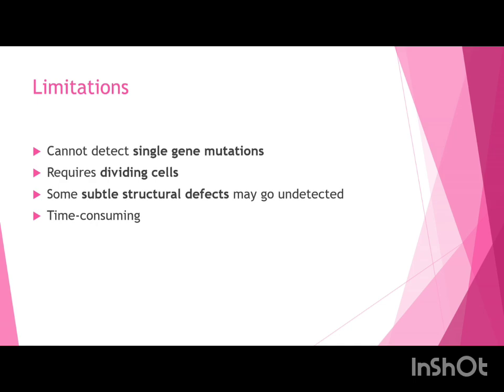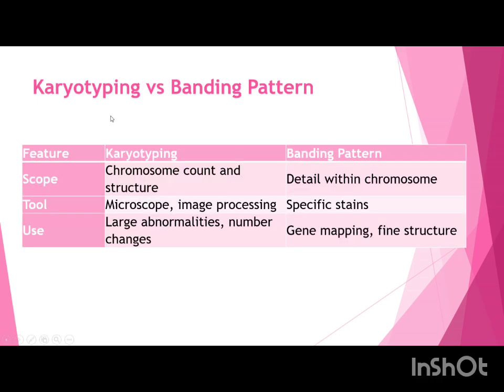You cannot work on dead cells, and some structural defects can also go undetected, because if there is a translocation, the region which has been translocated must have banding regions. And it is a time consuming experiment. You have to repeat it in duplicates or triplicates so that there is no false result in the karyotype.